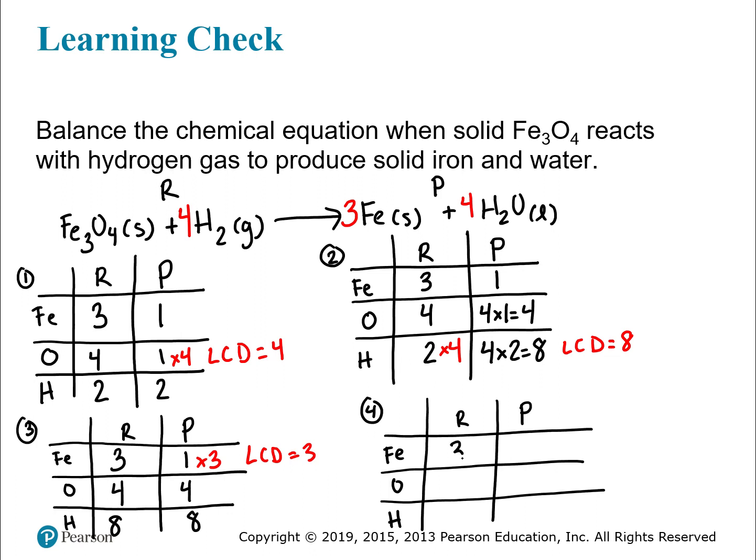So on the reactant side, we didn't change anything. So that's 3, 4, and 8 for iron, oxygen, and hydrogen. Product side, we multiply the iron by 3. So that gives us 3. And then everything else remained the same. Now we're balanced.